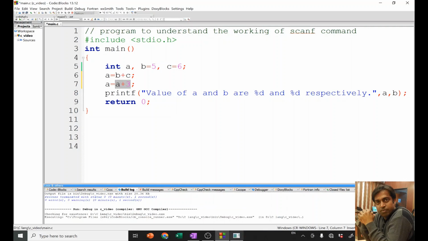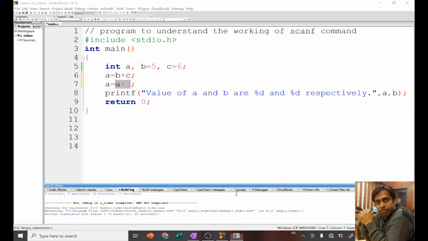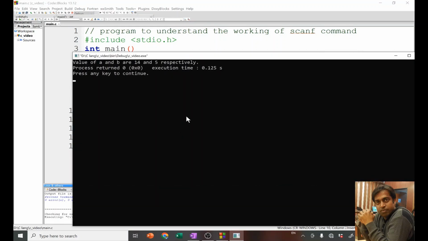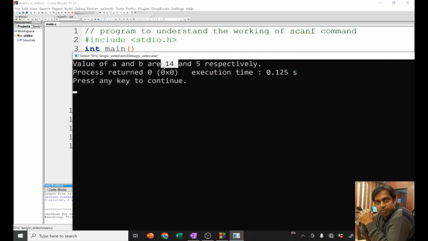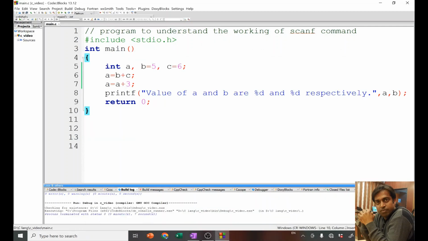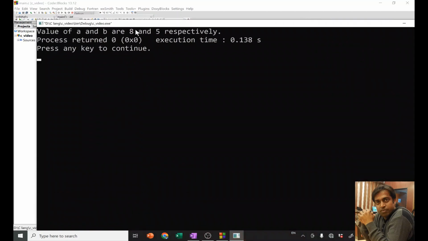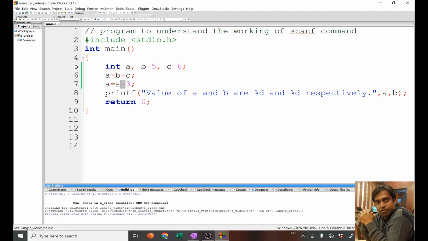If I now run this program with F9, you can see that the value of a I am getting is 14, right? In this way I can use a minus 3, and if I use a minus 3, I will get 11 minus 3, which is 8. I can use multiplication and so on.